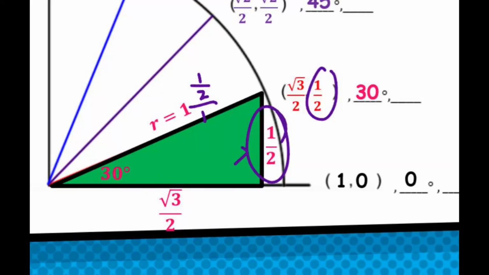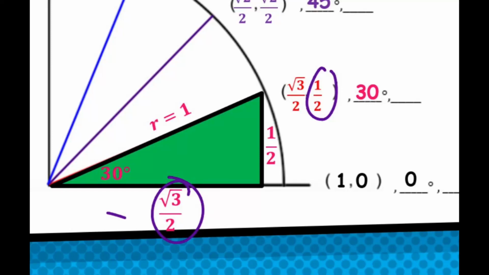So that is sine. That is our y. Our cosine is adjacent of this angle of 30 degrees. So adjacent would be this one, square root of 3 over 2 divided by 1, which is just square root of 3 over 2. Notice where this number is coming from is moving along the x-axis. So that is our x position. That gives us our cosine.